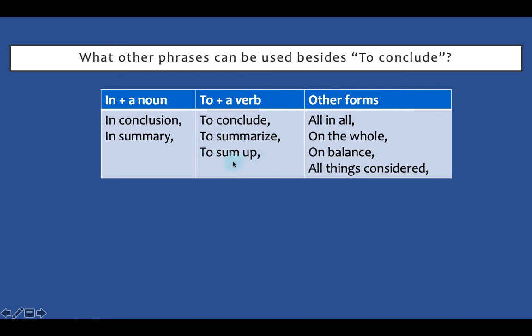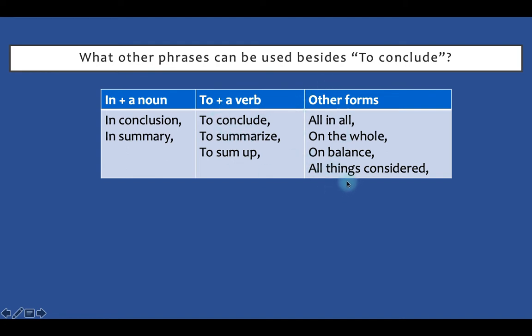This is a phrasal verb. So if you get confused about which way to do it because they look very similar, remember that we use in plus a noun, to plus a verb. And this is like our infinitive, right? We always say to do something, so it's very easy to remember.